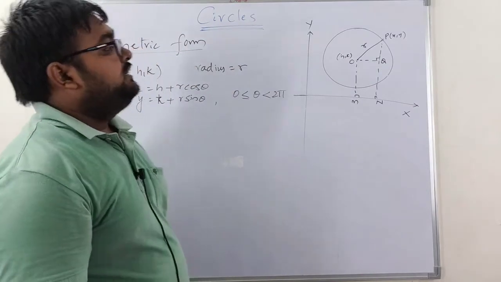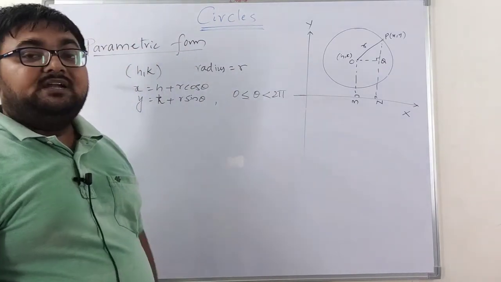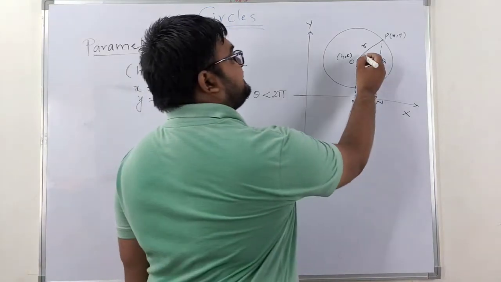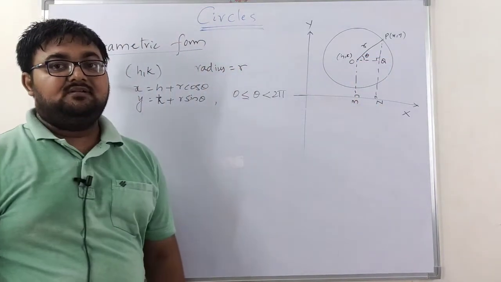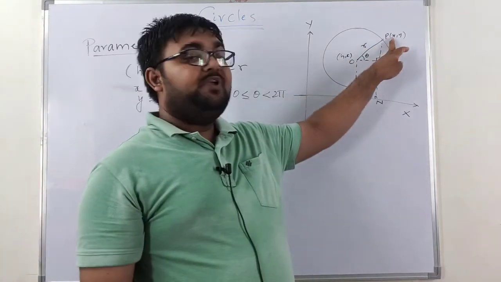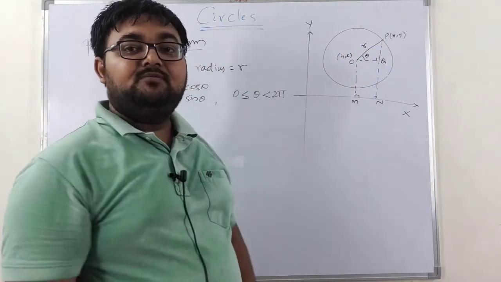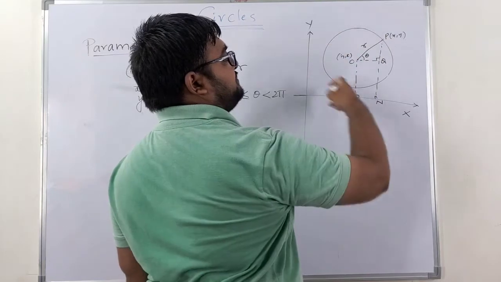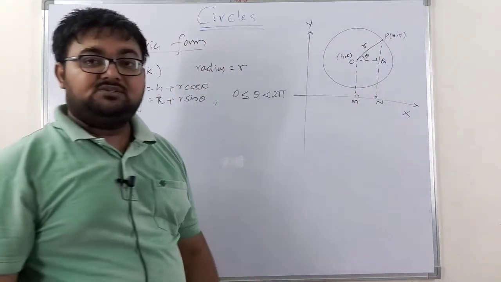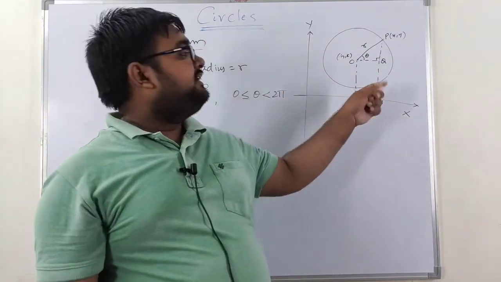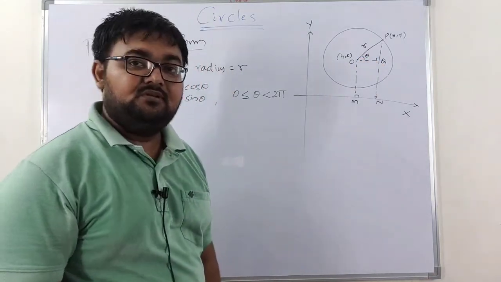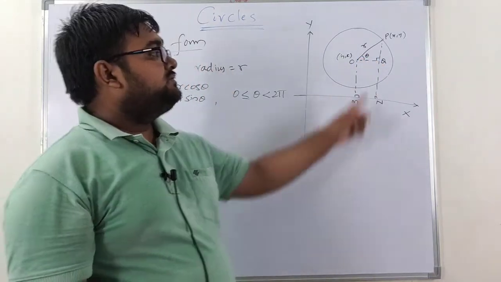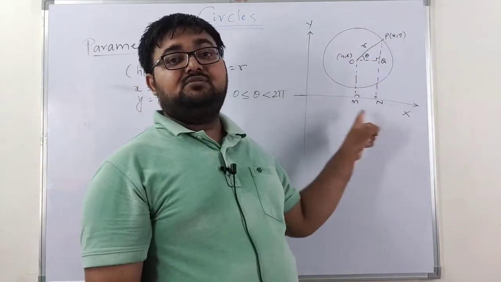Now if you observe from that triangle, this is nothing but the angle theta which we have discussed. This point P is a variable point which moves on this circle, so this theta also varies from 0 degrees to 2 pi.